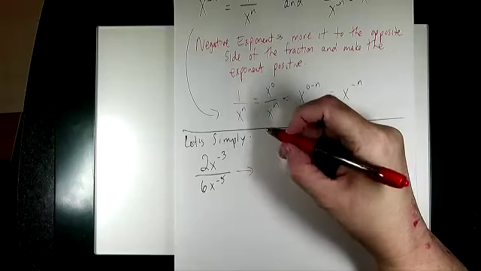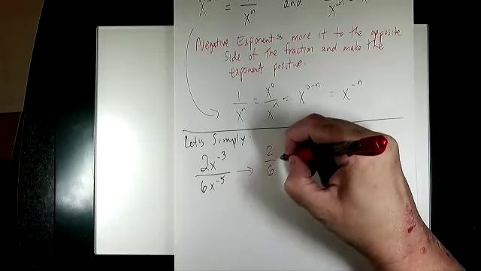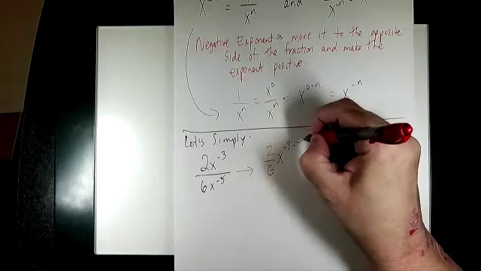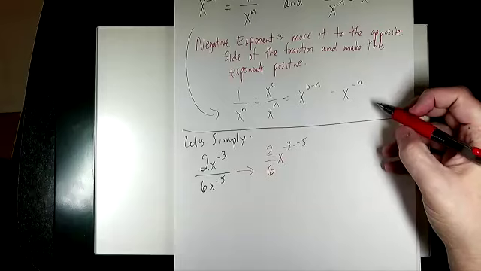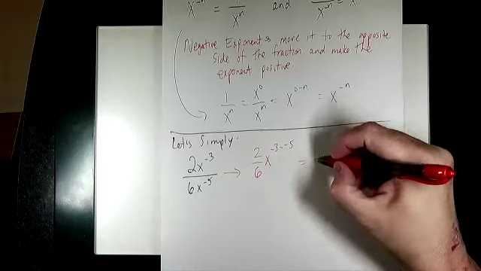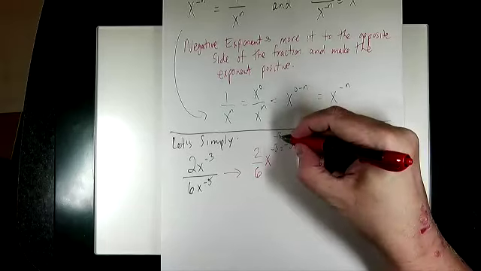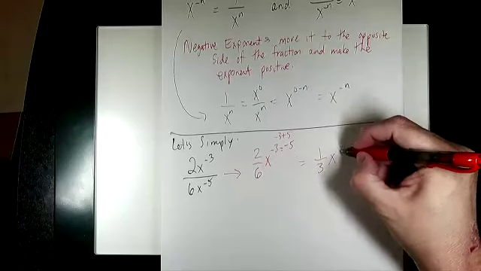So one way to do it, you said subtract the exponents, right? So if I subtract the exponents, I have negative 3 minus negative 5. And we can reduce the 2/6 down to 1/3. And this is negative 3 plus 5, which is x squared.